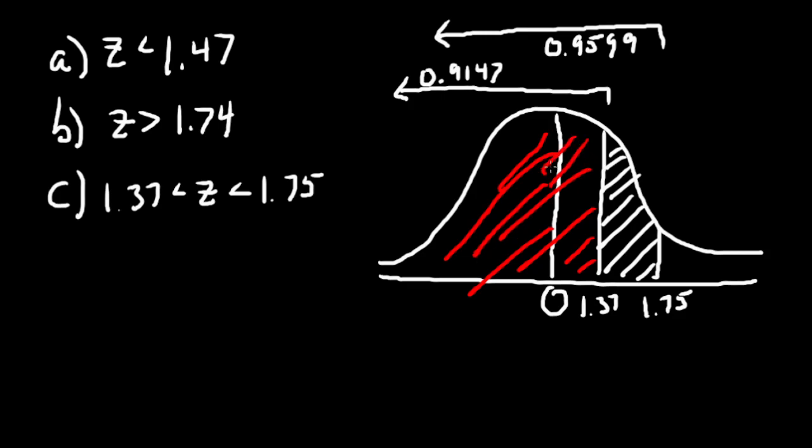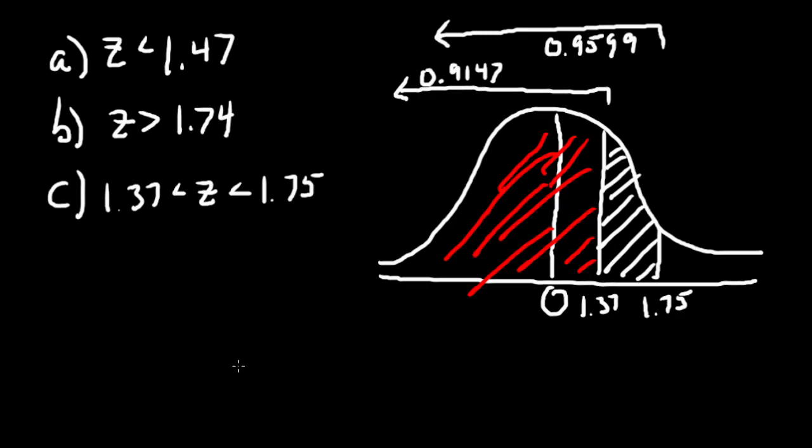We only care about the white area. 0.9599 is the total area, the red and the white. So if we subtract off the red area, the area that we don't care about, that will leave the white area there. Great, because that's the exact area that we care about. So we just have to do some quick subtraction.